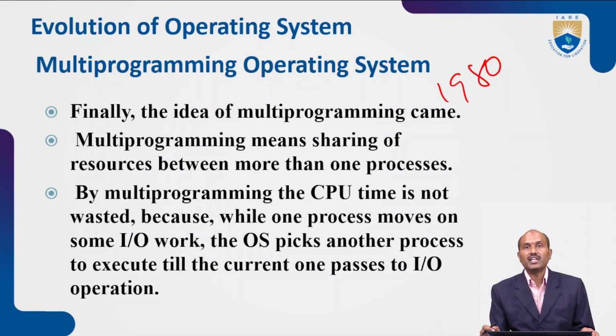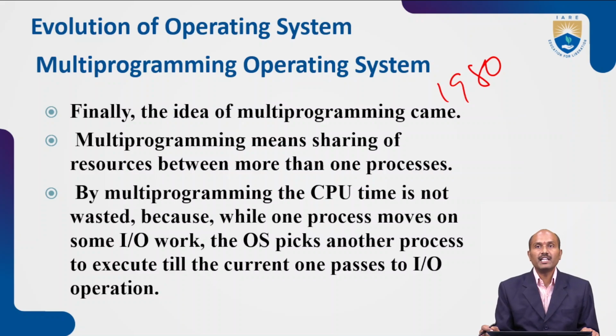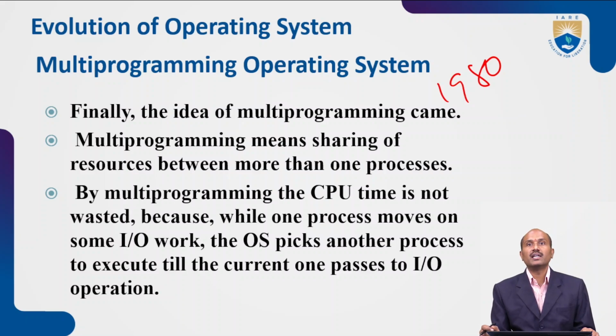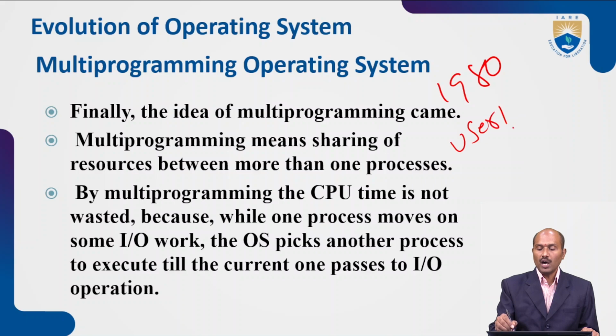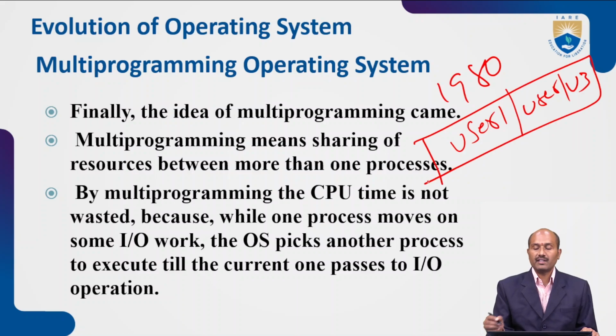By multi-programming, the CPU time is not wasted, because while one process moves on to some input-output work, the operating system picks another process to execute until the current process finishes its input-output operation. So the users are many: user 1, user 2, user 3, and so on. Many users are interacting with this computer.